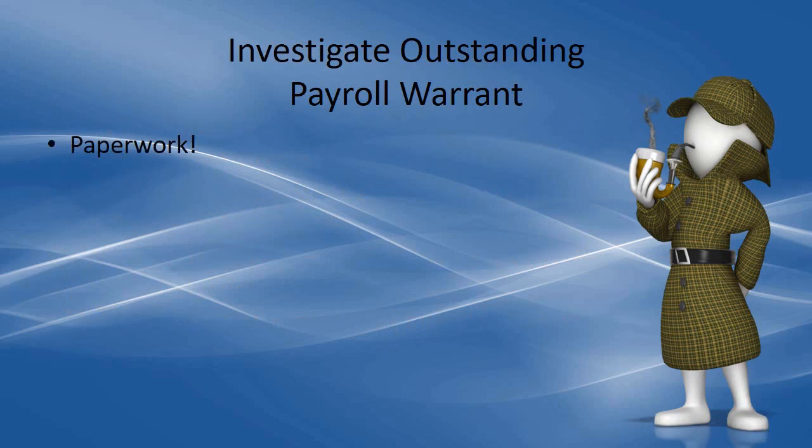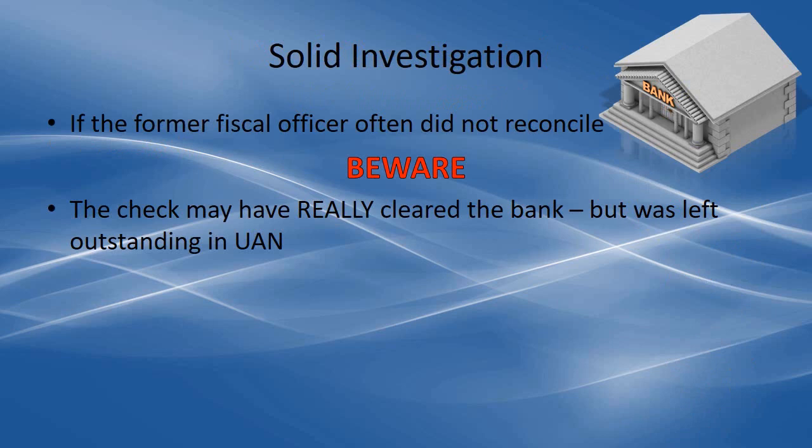That's right. Here's another warning. If the former fiscal officer often did not reconcile with the bank, beware. The check may have really cleared the bank, but was left outstanding on the bank reconciliations in UAN. It's a mistake that it's outstanding.